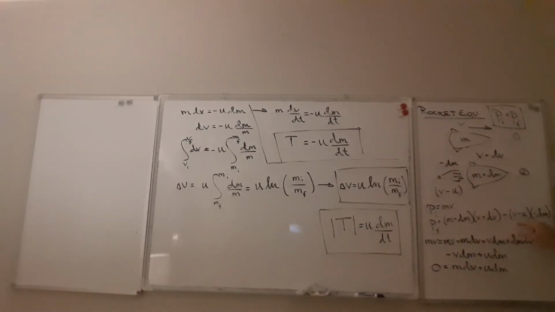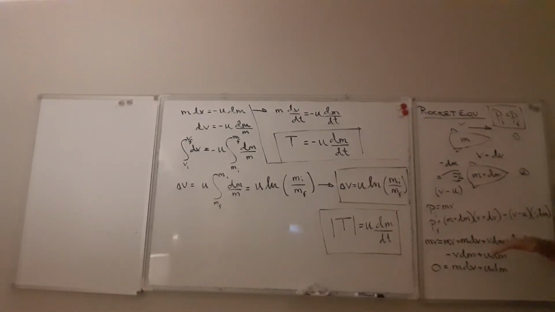Now, plus the momentum of the exhausted gas. So that's going to be the velocity of the gas with respect to somebody who's stationary with respect to the spacecraft. So that's the velocity of the spacecraft initially minus the exhaust speed, okay? And then multiplied by the mass of the exhaust, which is negative dm, okay?